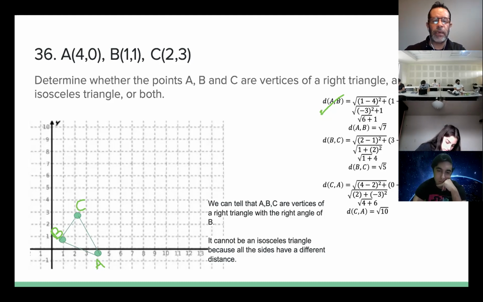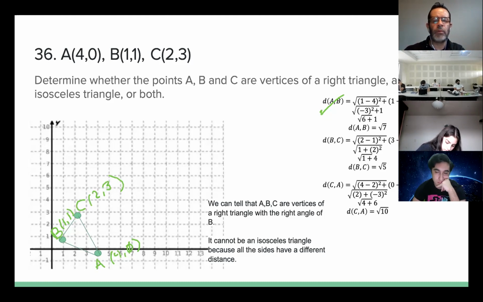A is (4, 0), B is (1, 1), and C is (2, 3), right? So for A and B, it's going to be 1 minus 4 and 1 minus 0, and this is going to give us the square root of 7, correct.